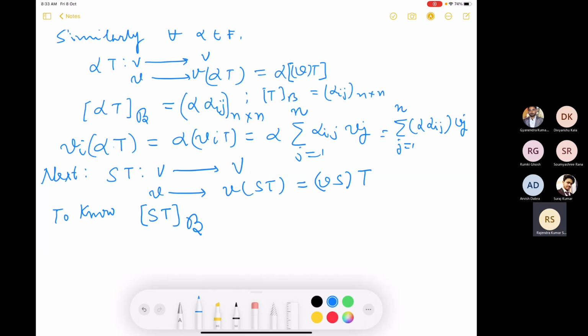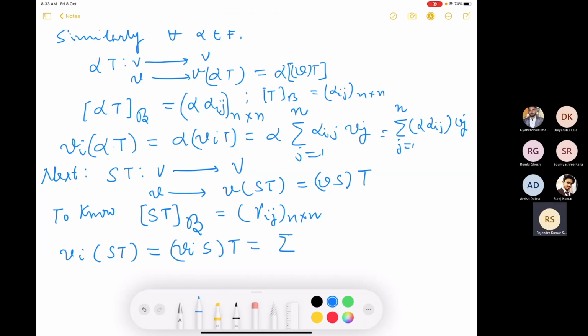Suppose this is, let us say, gamma ij, n by n. To know gamma ij, what I have to know is what is Vi under ST. So Vi under ST is Vi under S and then T.